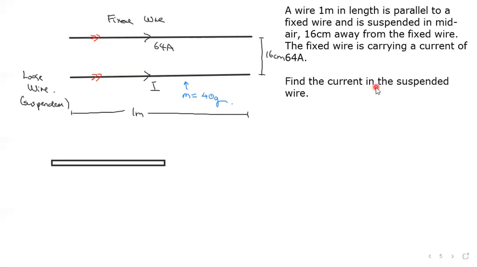Now you've got your wire, and we need to think of it as a free body diagram. So the wire is going to want to fall because of its weight force. And we can calculate using mg, and we'll calculate that in a moment. But if the wire is suspended in midair, then quite clearly that means it's not falling.